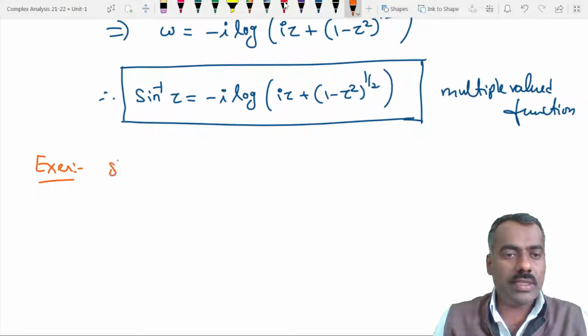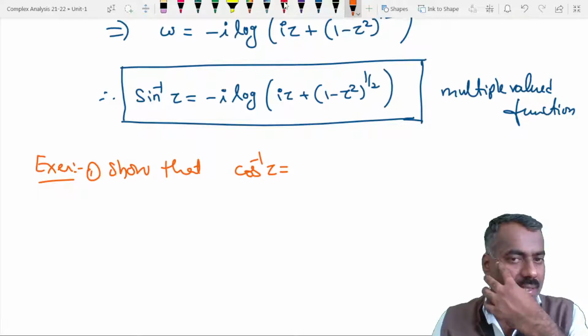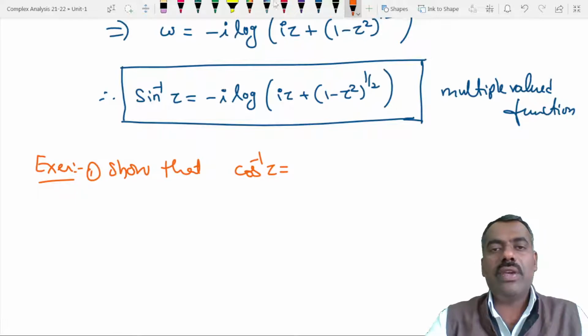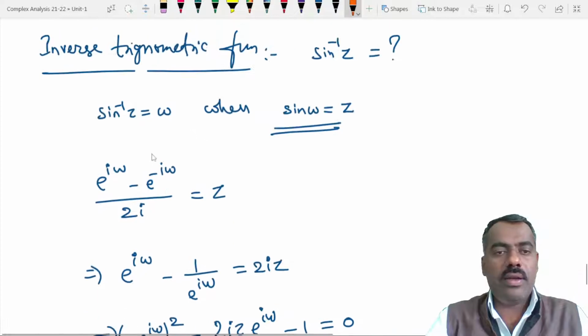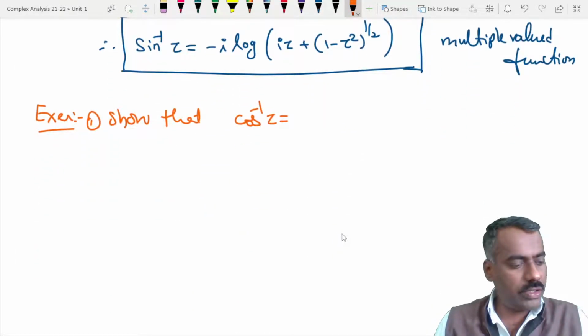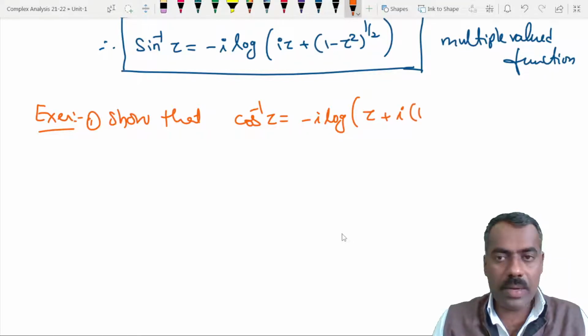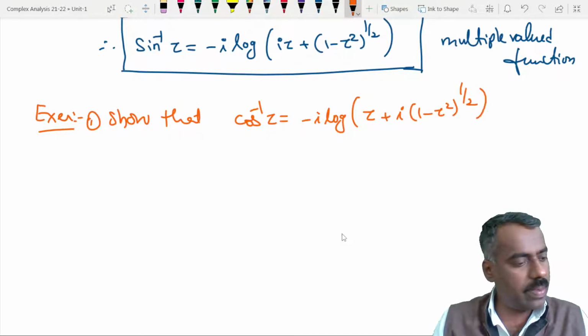Show that cos inverse z, instead of e^(iw) minus e^(-iw) over 2i, you will get e^(iw) plus e^(-iw) over 2. Simplify that and show that cos inverse z is minus i times log of z plus i times (1 minus z squared) to the power 1 by 2.